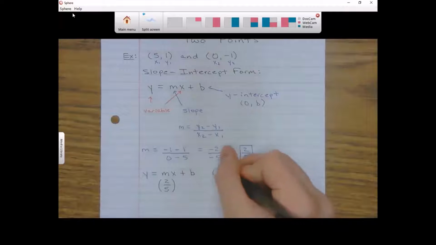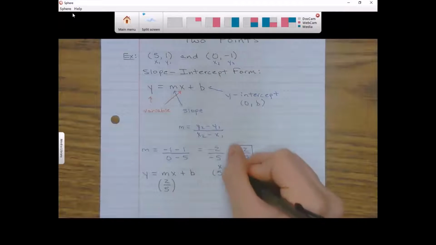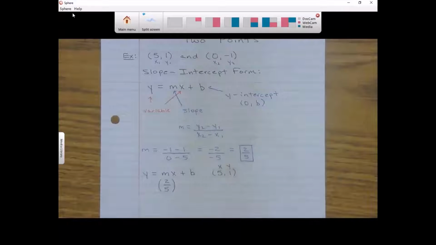My x is going to be 5, and my y is going to be 1. I put that in for y, and I bring down my equal sign. My x is going to be 5. I got that from the point. And then I'm going to bring down my plus b. So now I've got something that I can simplify, and I can figure out what b is at the very end.